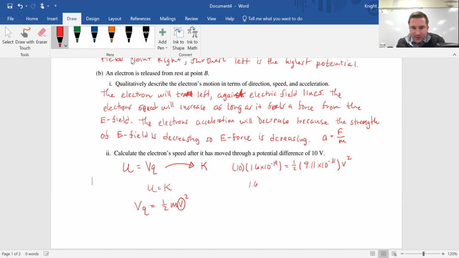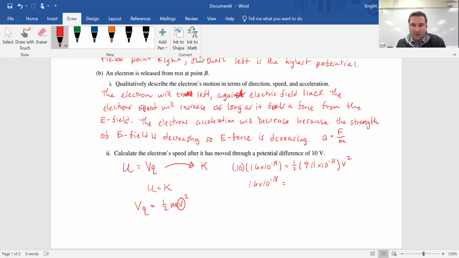So 1.6 times 10 to the negative 18th equals 0.5 times 9.11 times 10 to the negative 31st. 1.6 times 10 to the negative 18th divided by that answer will give us that, and then we take the square root there.